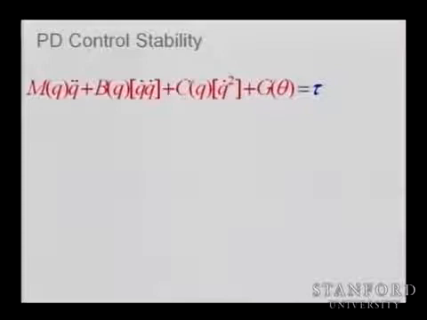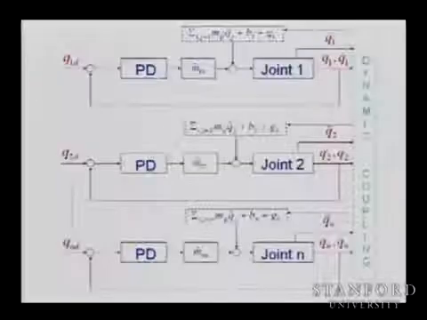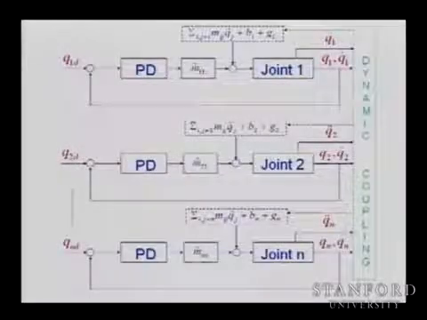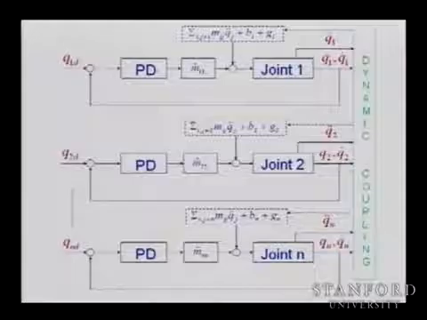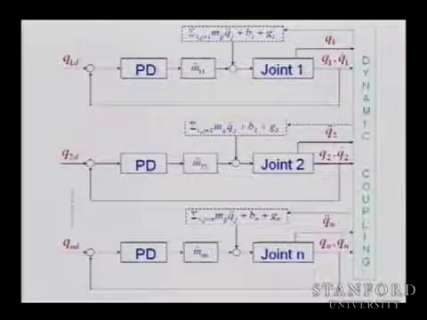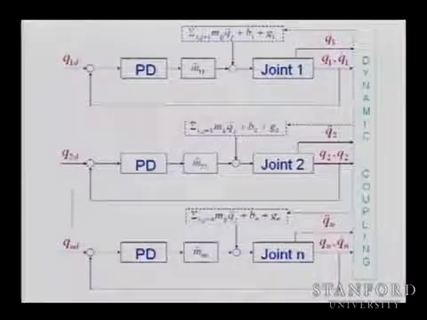So the stability of a system that is highly nonlinear and interactive in the way we saw is not evident. How can we prove that this system with a PD controller with all these disturbance forces coming from the interaction is stable? Anyone? Yes?